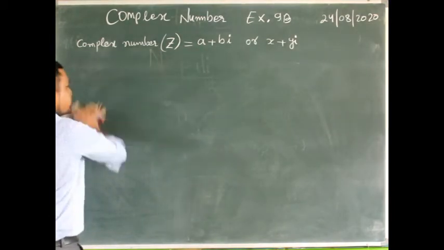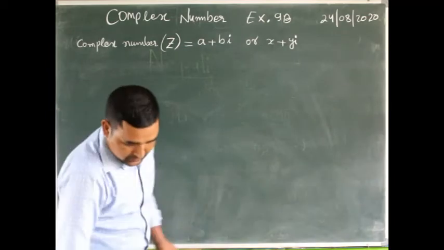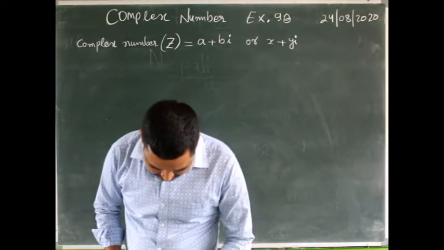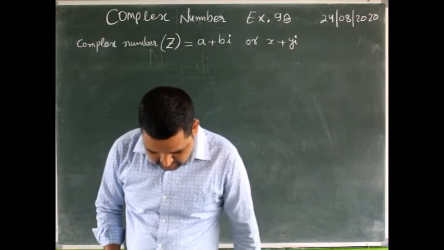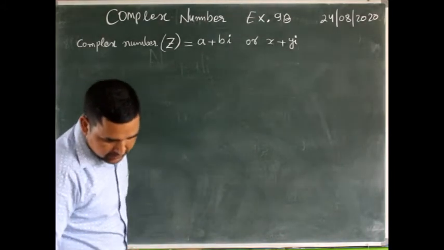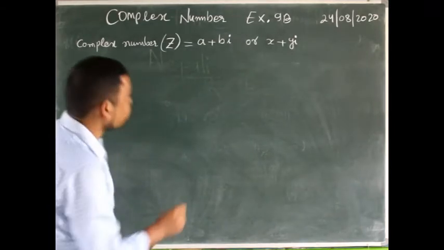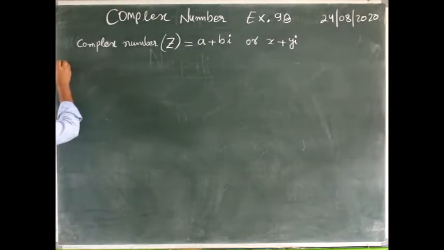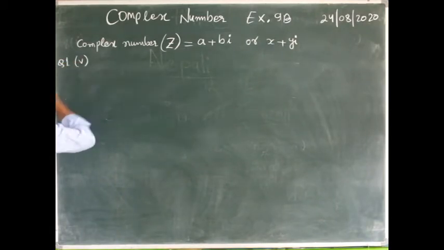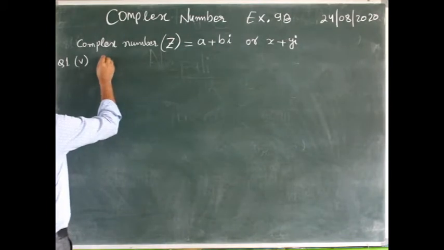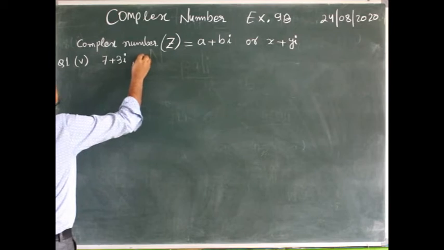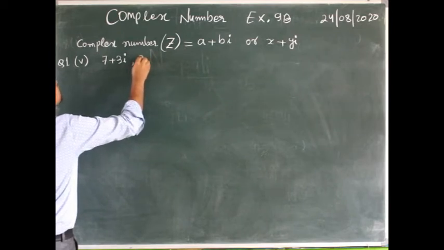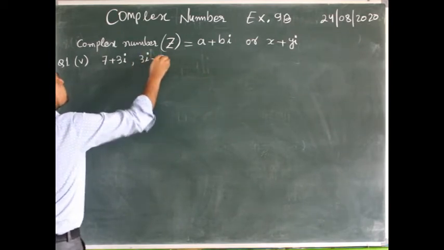I will show you one example. Question number 1, sub question 5: 7 plus 3i, and 3i minus 7.